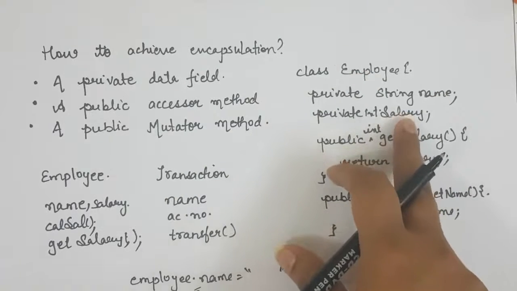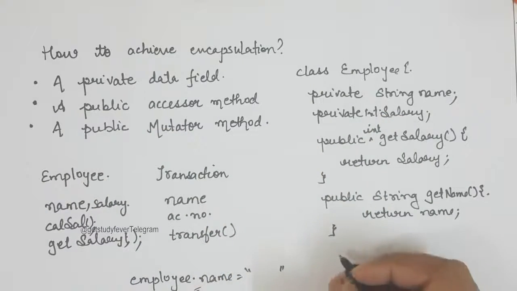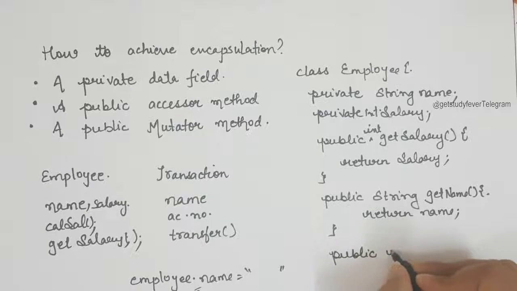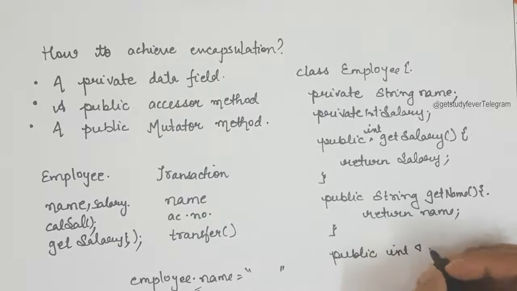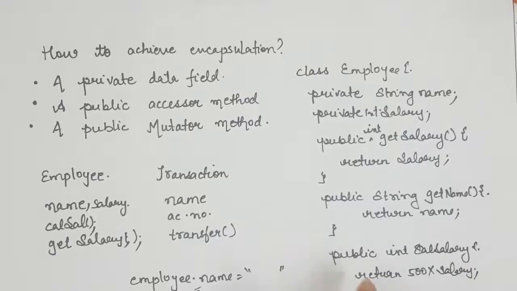Now let's say I want to create a mutator method for salary which modifies the salary. So let's say I have public int calSalary. Let's say it returns 500 into salary. Again, this is public.